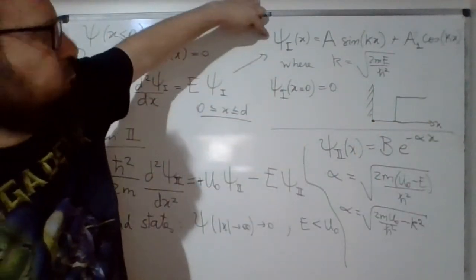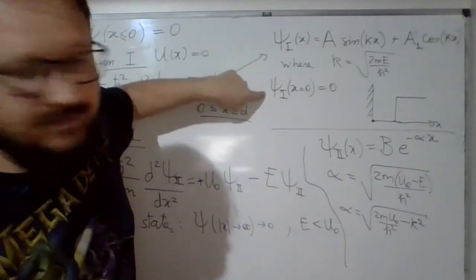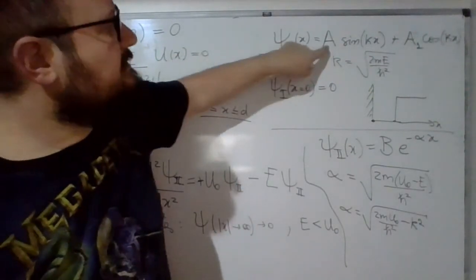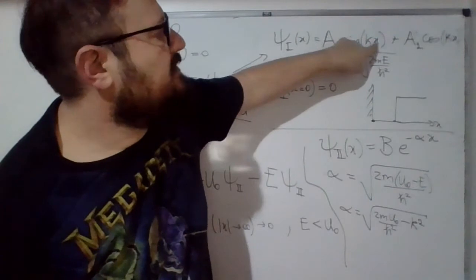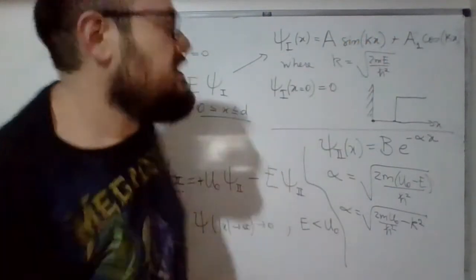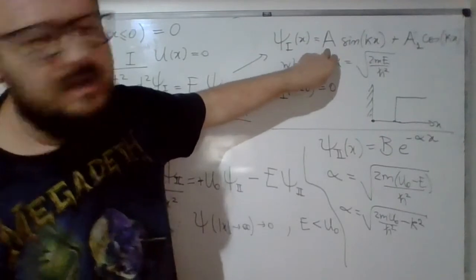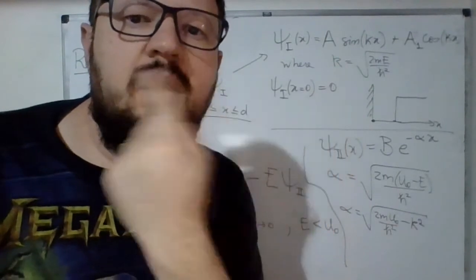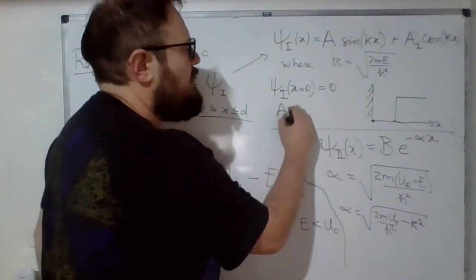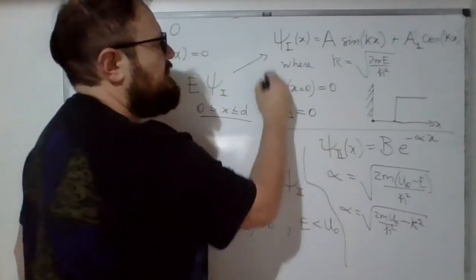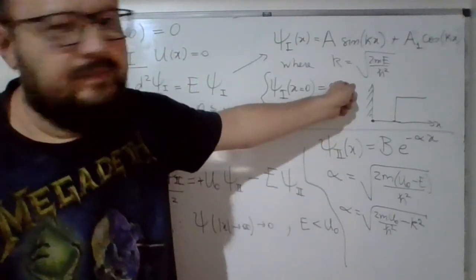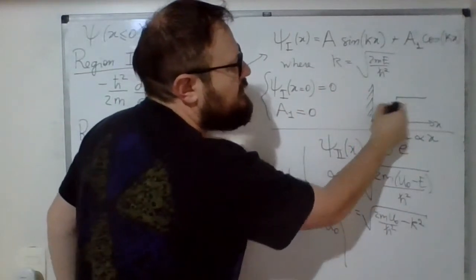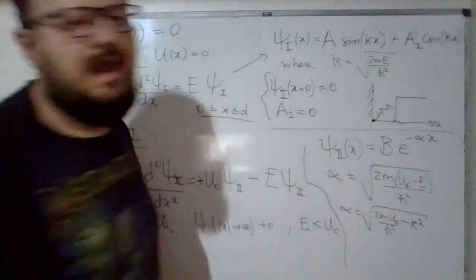And if you consider this in the more general solution, you'll find that sine of k times 0 is sine of 0, and the sine of 0 is 0. No problem with that part. But the cosine of 0 is 1. So you are left with only one alternative: A1 must be 0. This is because of this condition here. Your wave function, no matter what the solution is, must be 0 at x equal to 0.